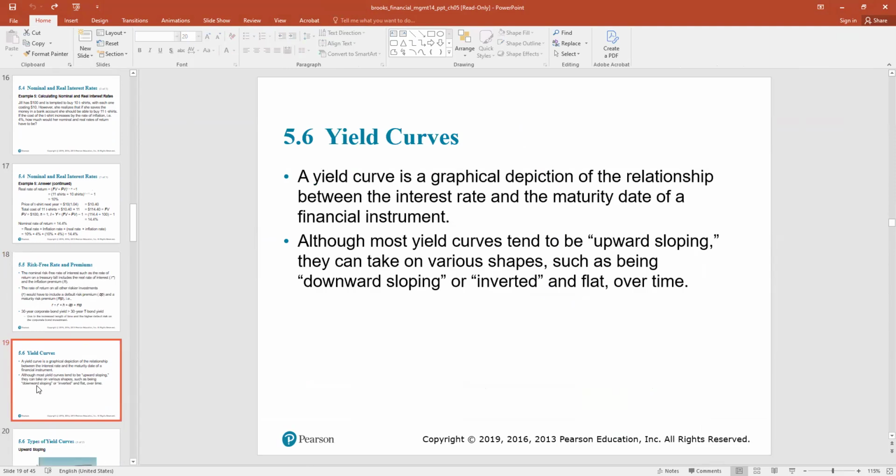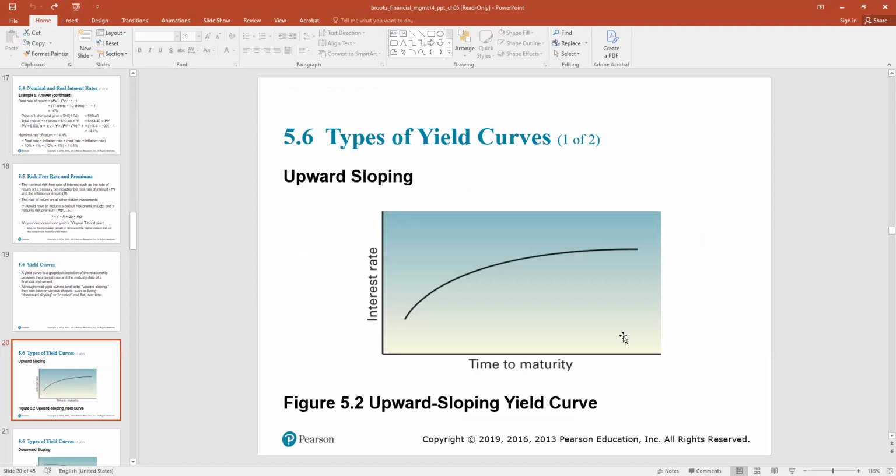Yield curves: it's a graphical depiction of the relationship between the interest rate and the maturity date of a financial instrument, where most of the curves are upward sloping, and sometimes it can take the opposite, called an inverted slope. Here it's upward sloping. As time to maturity increases, the interest rate increases too, and you get more reward for it.